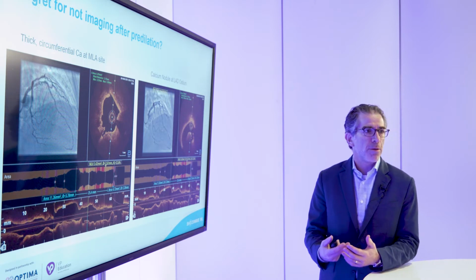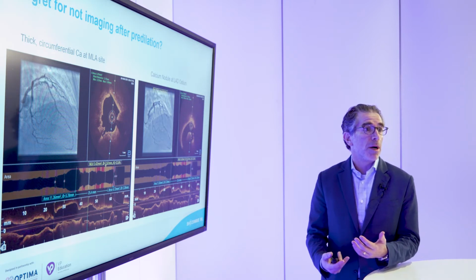And the summary was that the efficacy of shockwave IVL was similar, irrespective of calcium morphology. You may visualize fewer fractures in eccentric calcification and in nodules, but that's just because there's less calcium to fracture. But stent expansion and final minimal stent areas were similar among groups.